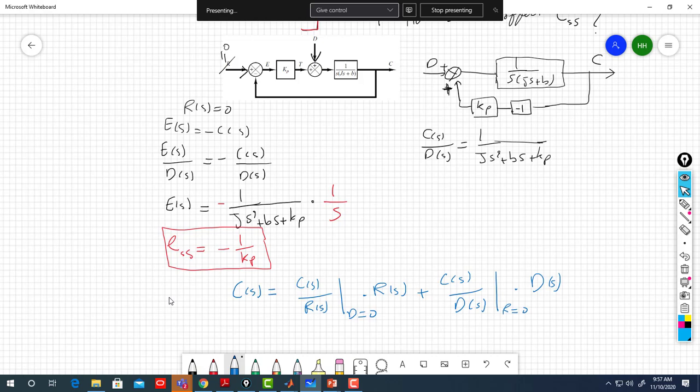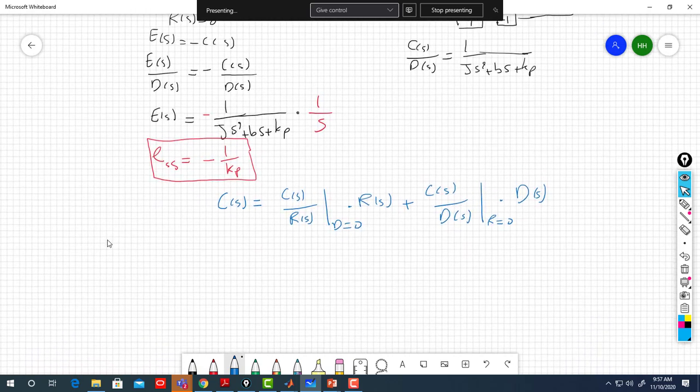So in the presence of disturbance, that's how the system will look like. In the presence of disturbance 1 over S, if I want to find C steady state, for example, I multiply by 1 over S, or you can do the calculation yourself.